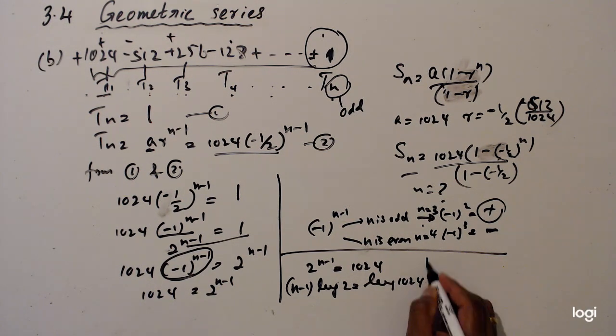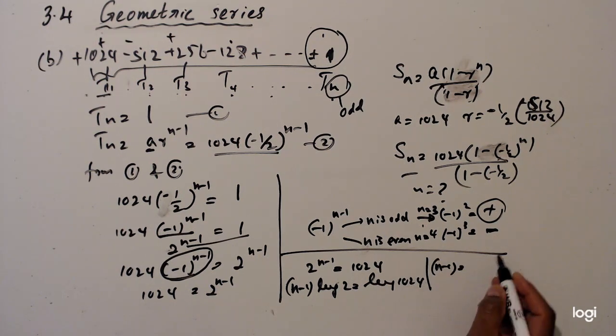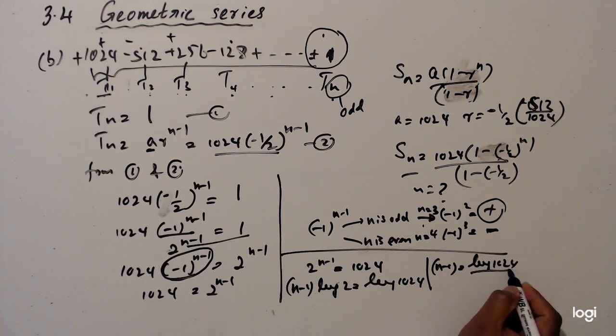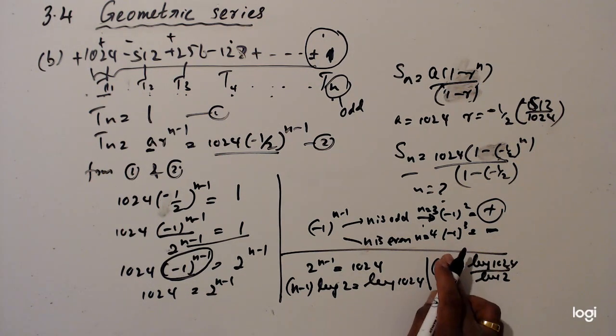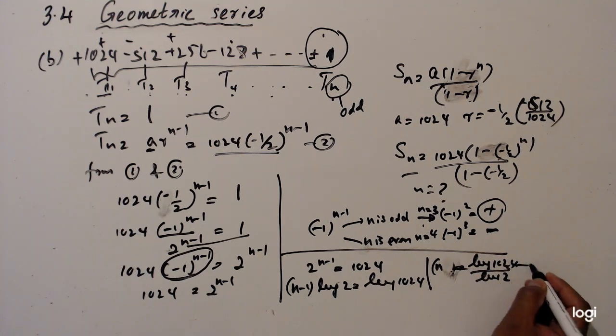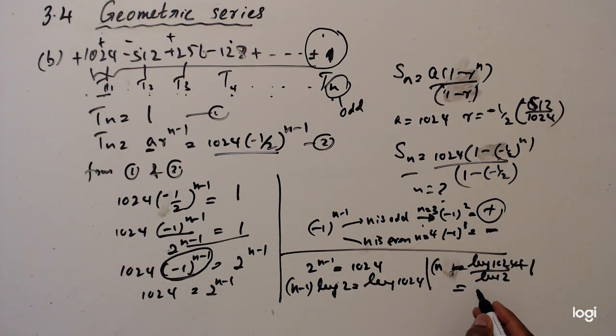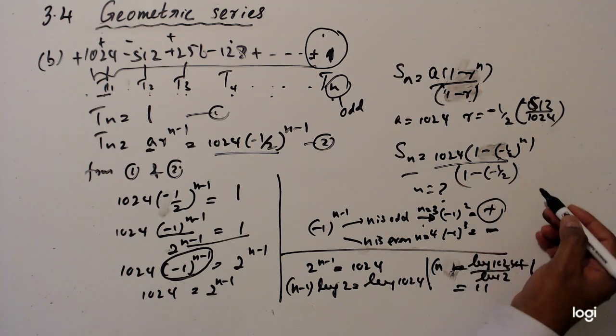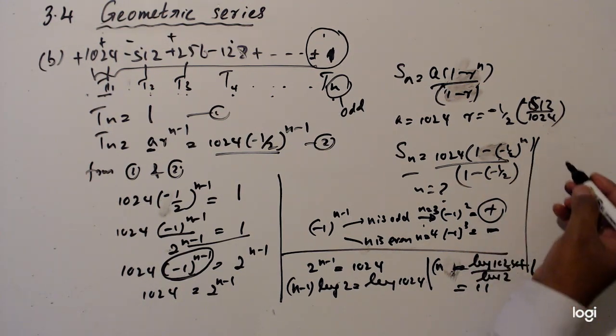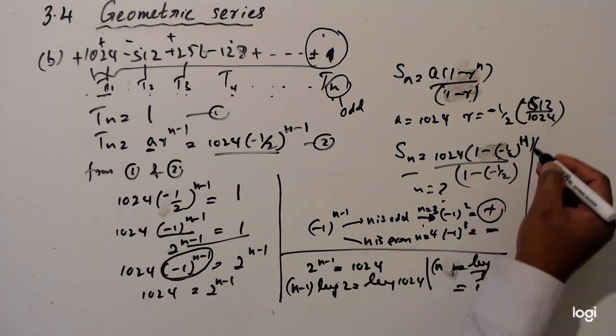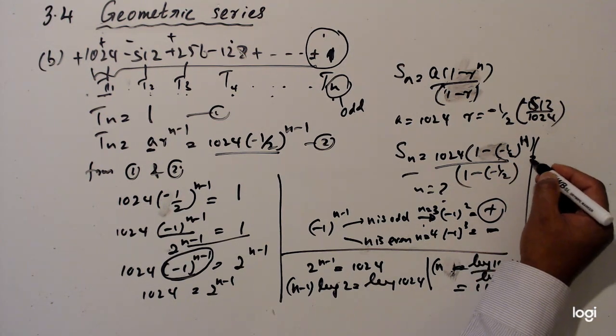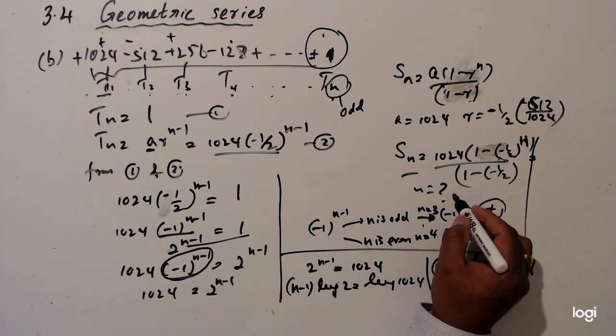Then n minus 1 equals log 1024 divided by log 2, and then moving the 1 to the other side it is going to be positive 1, and you can get the n value, in the book you can see 11. So now you know n is 11. Now we'll substitute here, this is going to be 11, and n is now 11.